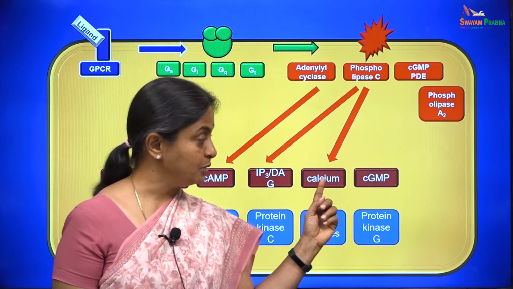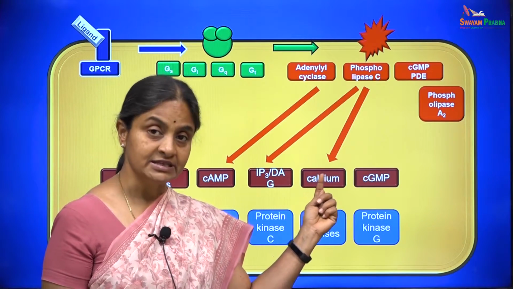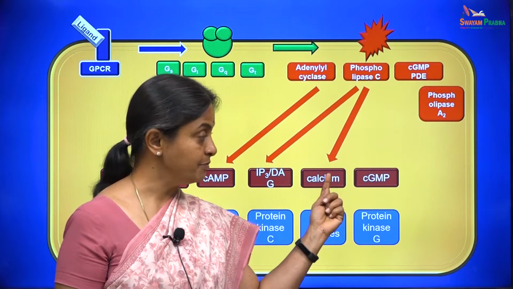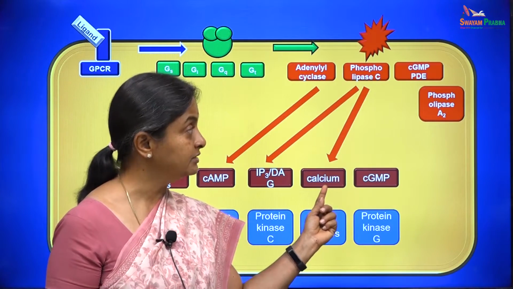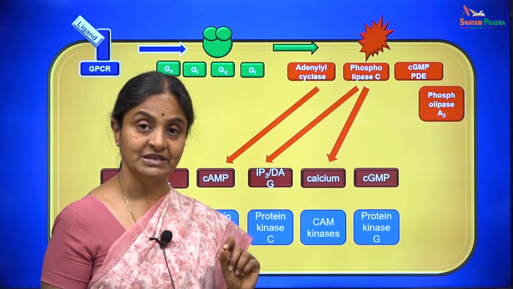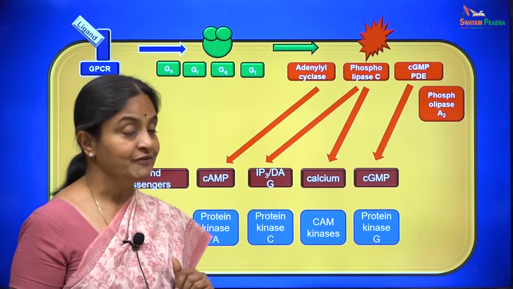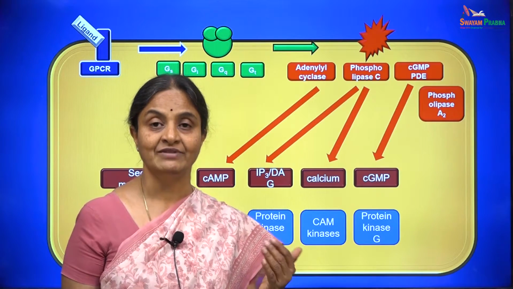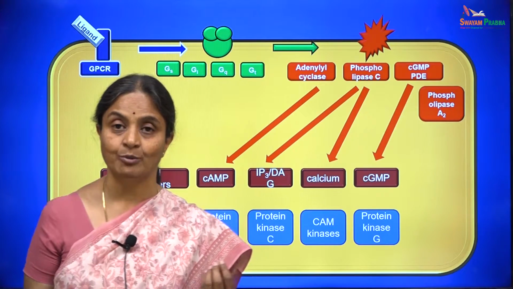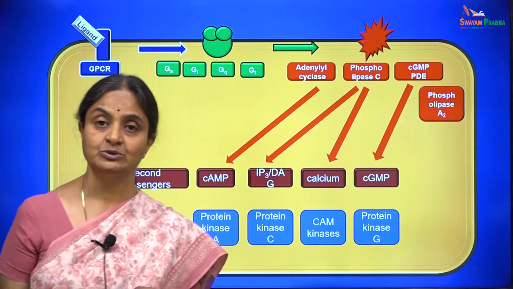The final effect will be to increase calcium as well, but calcium is listed as a separate second messenger because there are other ways of increasing cytosolic calcium other than by phospholipase C activation. cGMP phosphodiesterase converts cGMP to 5-GMP, which is the inactive form of cGMP. It therefore reduces cGMP levels within the cell.